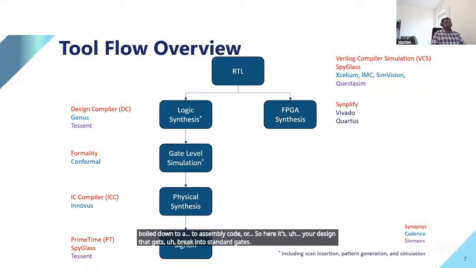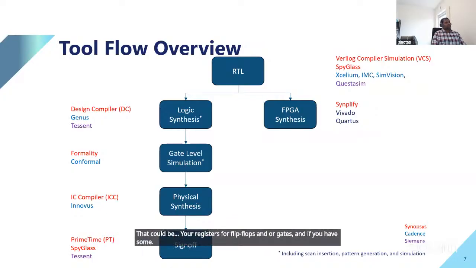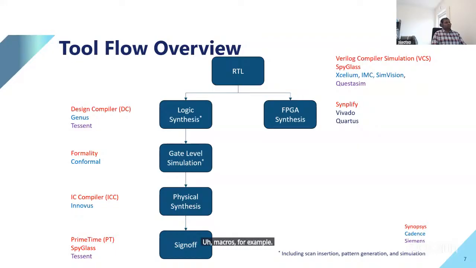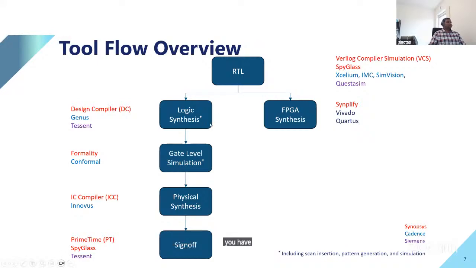That could be your registers or flip-flops and gates. And if you have some macros, for example voltage regulators and power switches, you have a model for that. So it keeps that untouched and just keeps the connectivity. So basically you have the connectivity and the timing information here.